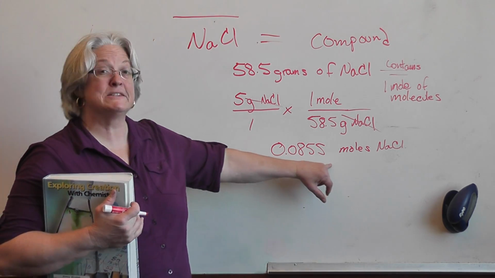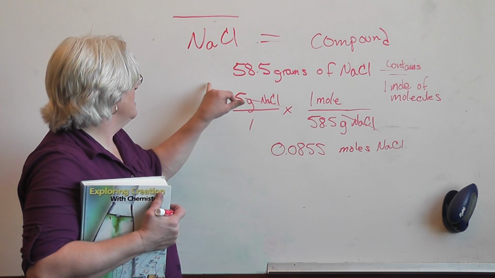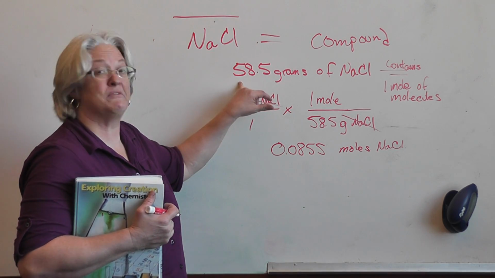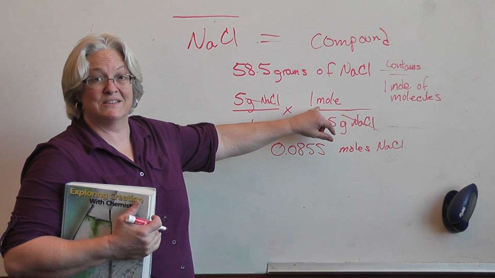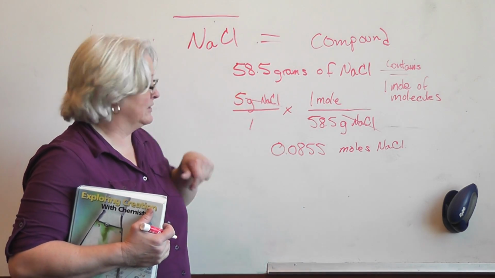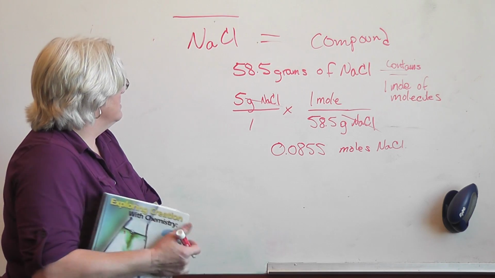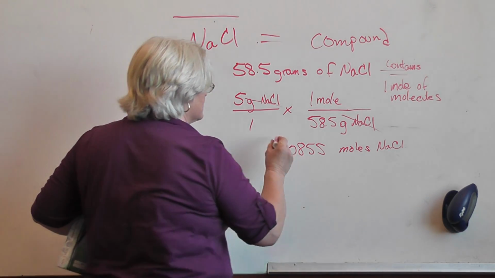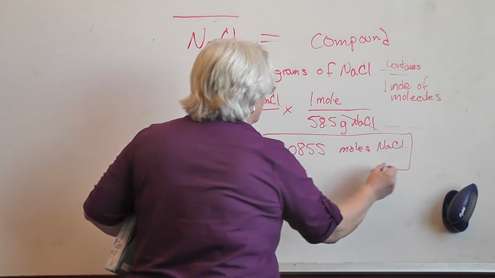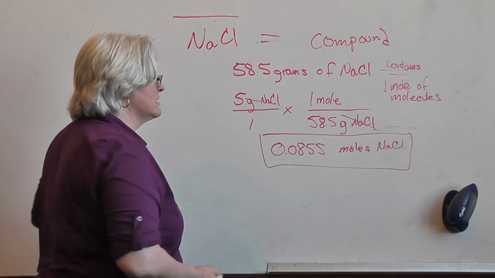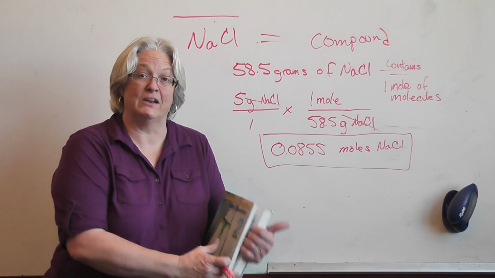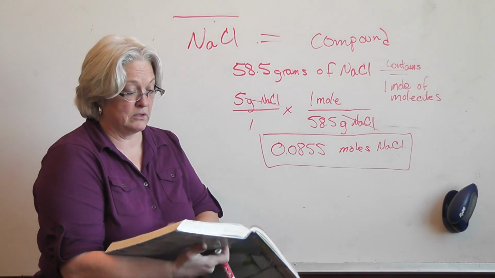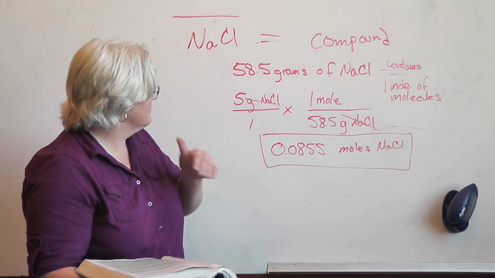Because I need 3 significant digits here, because 58.5 has 3 significant digits. 1 is an exact number, so we don't worry about significant digits there. So we have 8.5 hundredths, or 85 thousandths, of a mole of sodium chloride as the amount that it is recommended that we consume in a day.